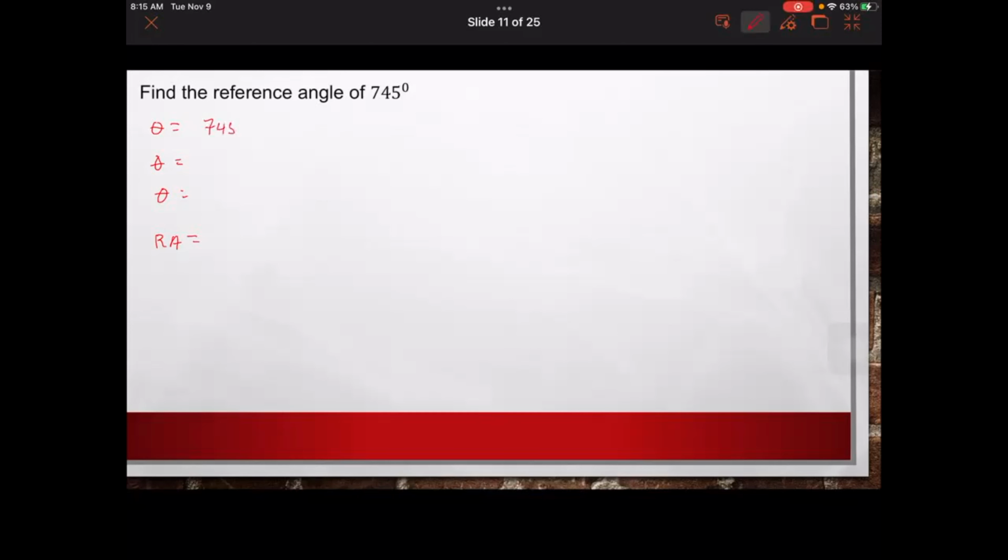So, 745 minus 360 is 385. So, yung 385 natin, bawasan ulit natin ng 360. Magkakaroon tayo dito ng 25. Tama na. So, this will be quadrant 1 pa din. Now, what is the reference angle of 745?